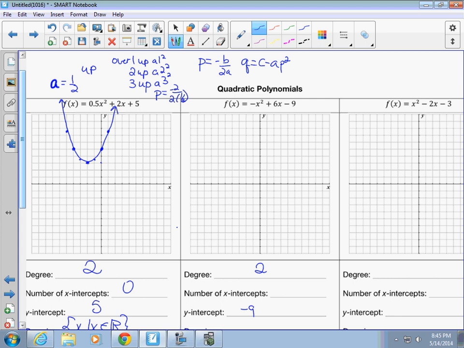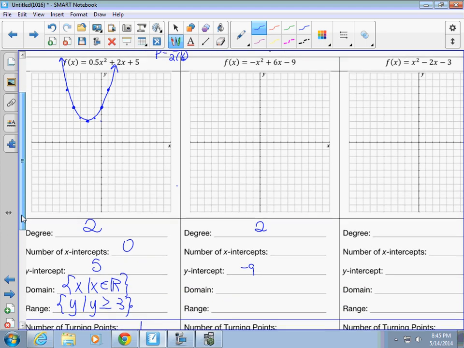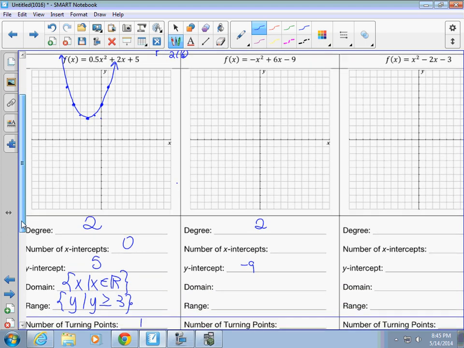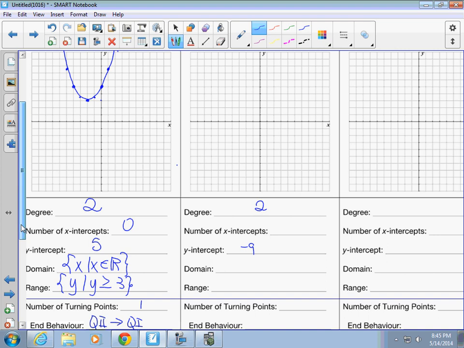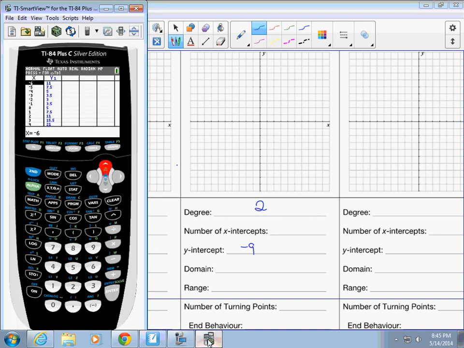Well, if you wanted to do the steps, you can find your p and q to get your vertex, and then from there you could do your over 1 down 1, over 2 down 4, because remember this is a negative, so that means my graph has to go down. But instead we're just going to plug this into our graph.